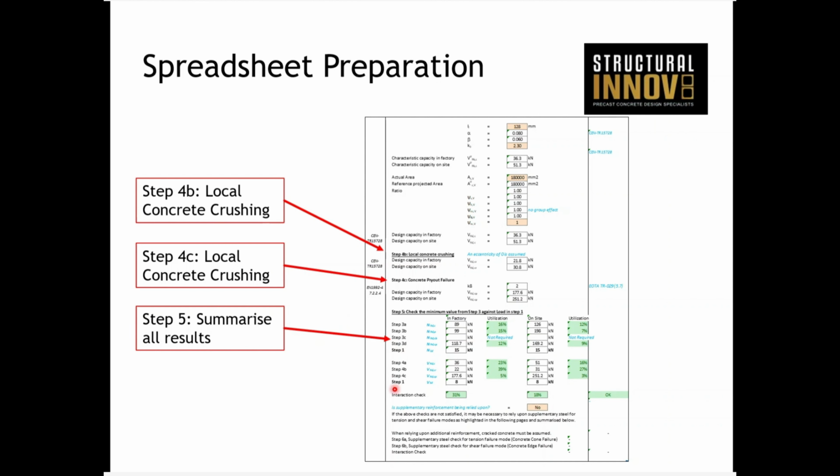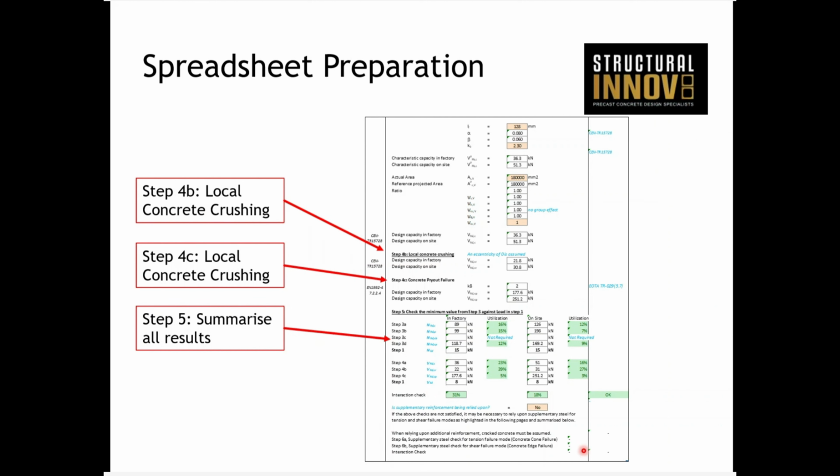So in a nice, clear half page, you can see all the steps, all the checks that they came from, the capacities that were calculated, and the demand that was brought forward from step 1, cross-checked against the capacities to get your utilizations. Again, a nice visual approach here, all green lights.